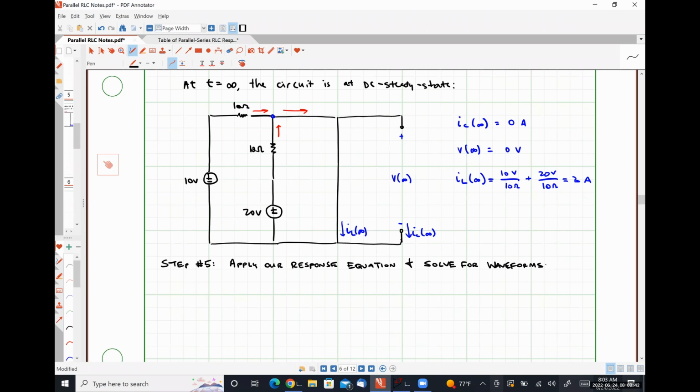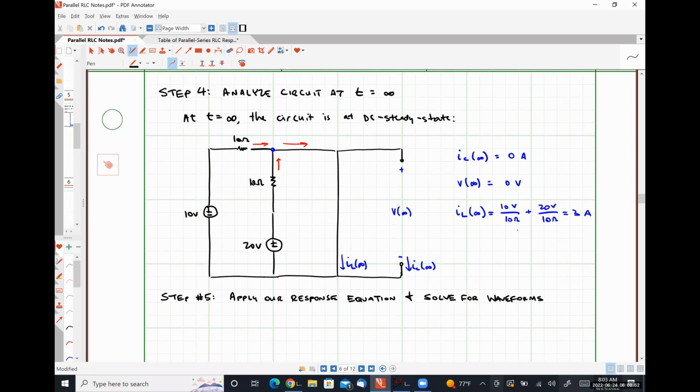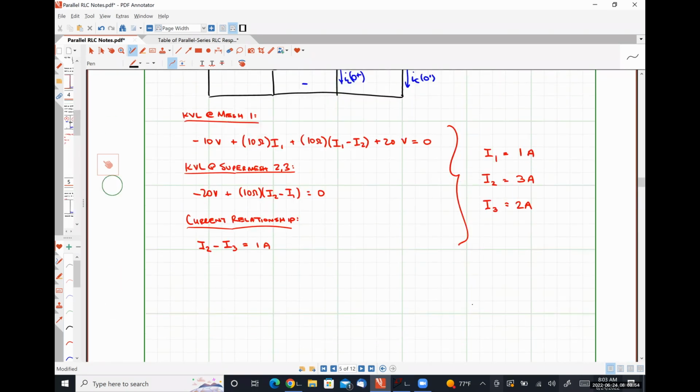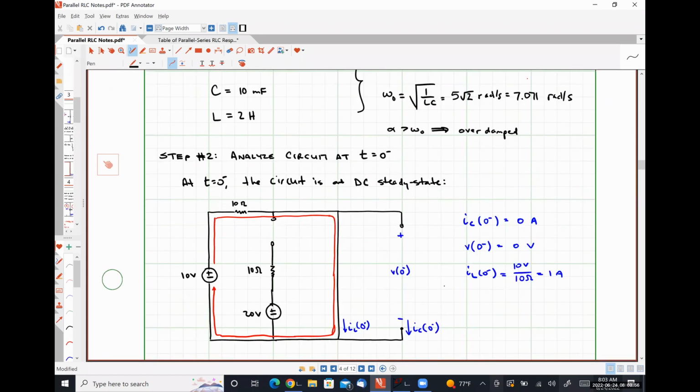So let's go back to the very beginning of this problem and look at what types of things we might be solving for.